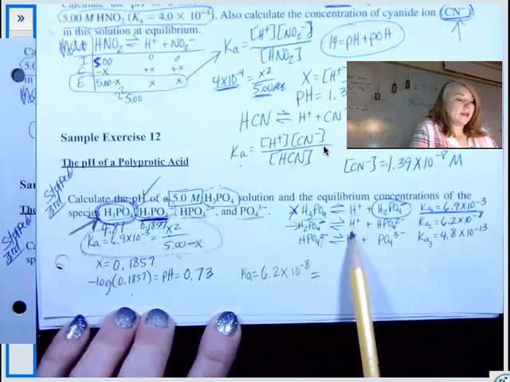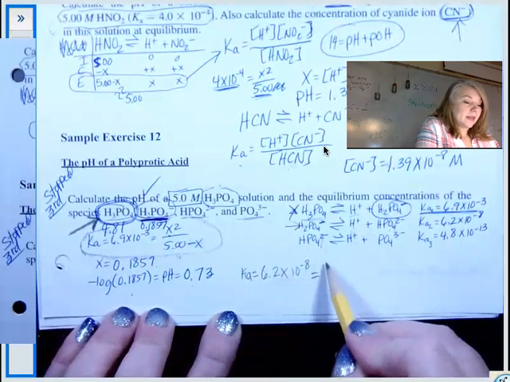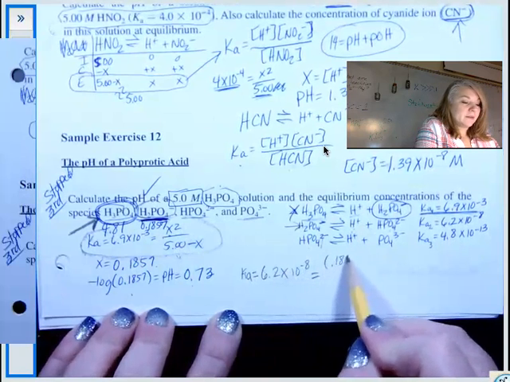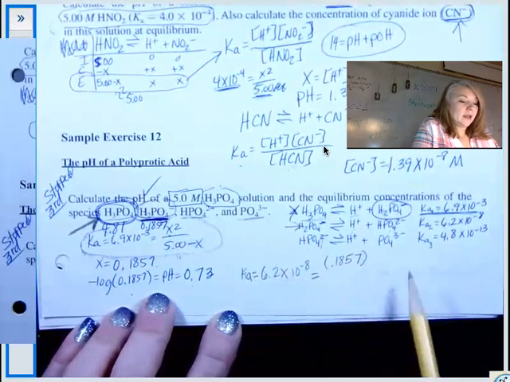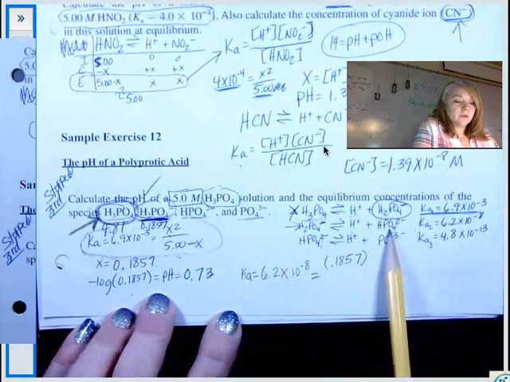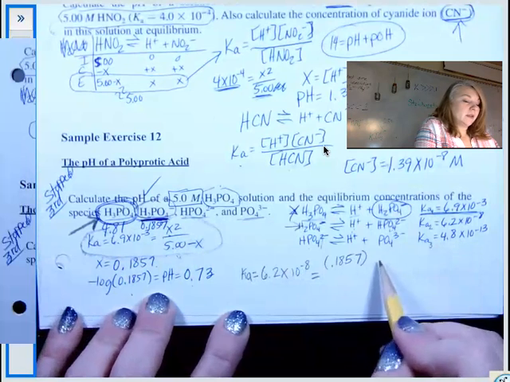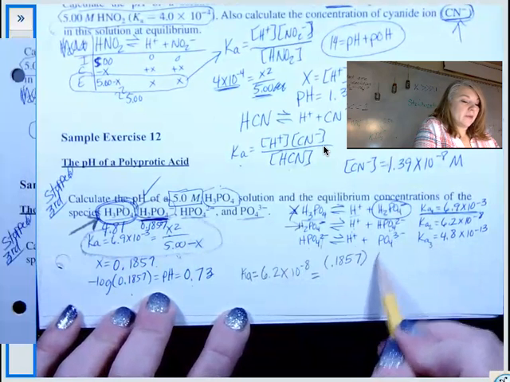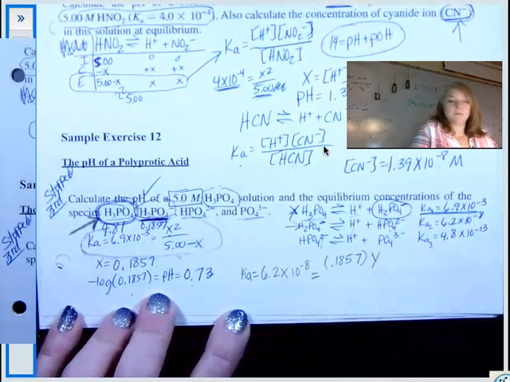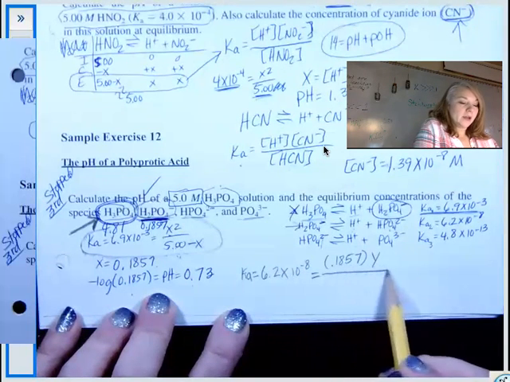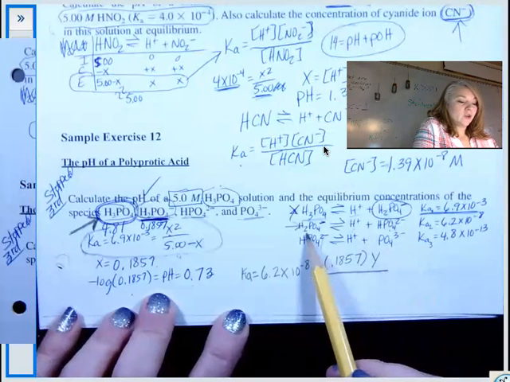Do we not already know H plus? Yes, you do. It's X, that's right. So let's go ahead and plug that in. It's 0.1857. And we don't know this value. So, because I don't want to call everything X, let's call that one a Y. All right. And then on the bottom, we would put the H2PO4 minus.